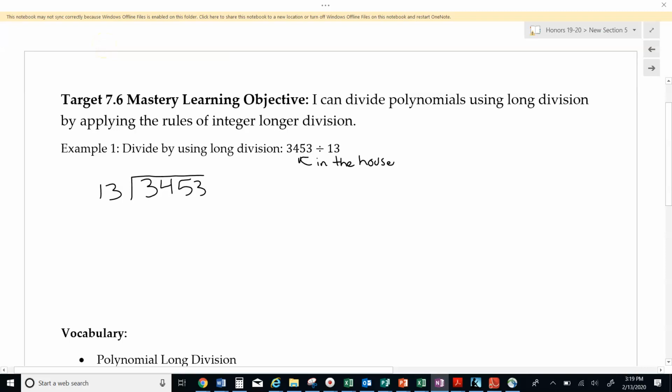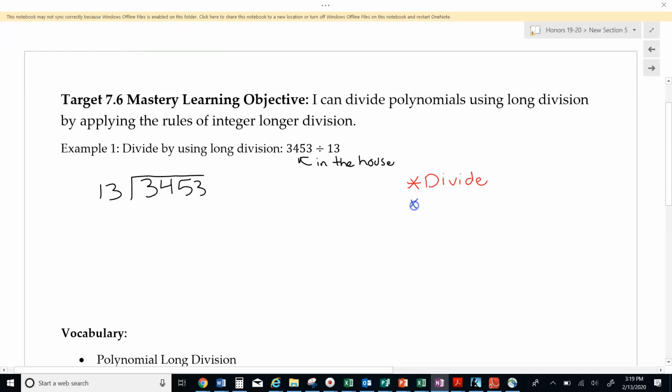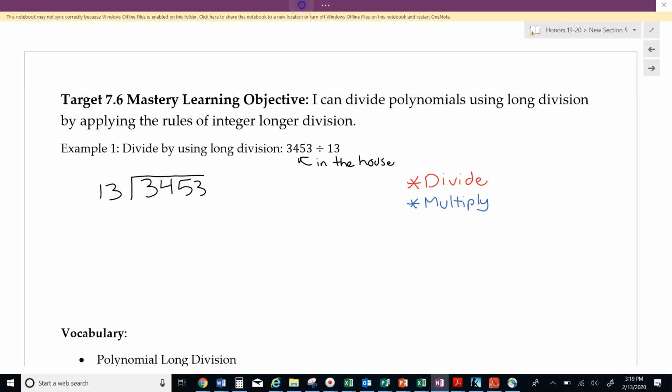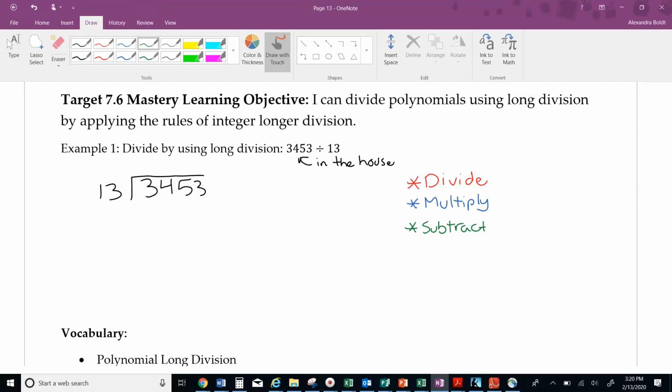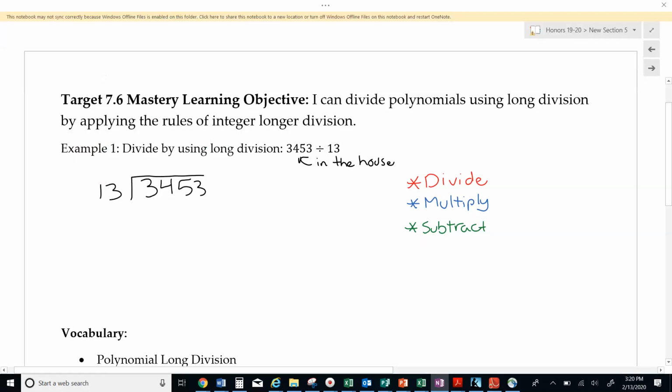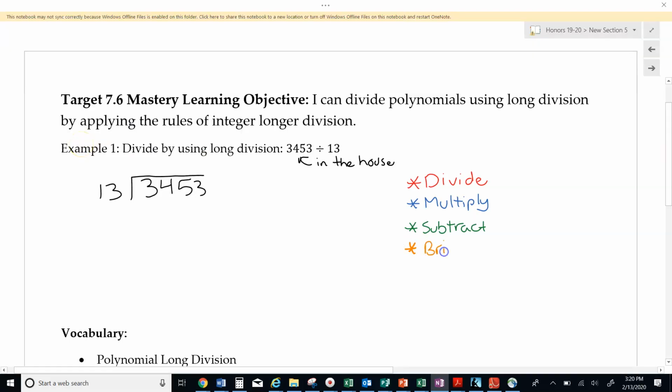Our steps for long division are divide, multiply, subtract, and then bring down and repeat.